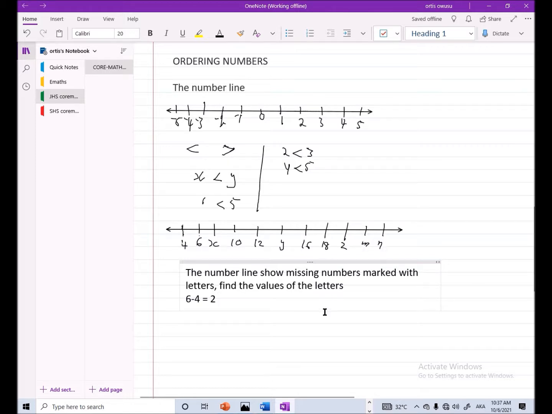Okay, so let's fix them. So how do we do it? So x will be what? 8. What of y? y will be what? 14, right?